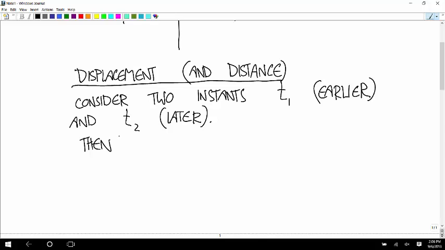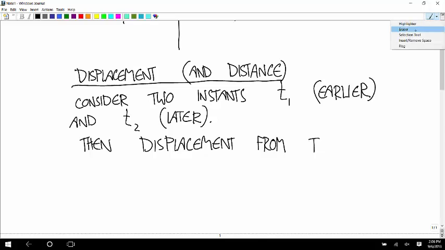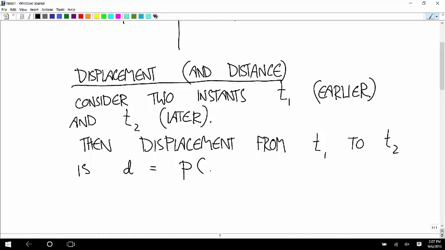Then the displacement from T1 to T2 is D, and it's equal to the position at the later instant minus the position at the earlier instant.